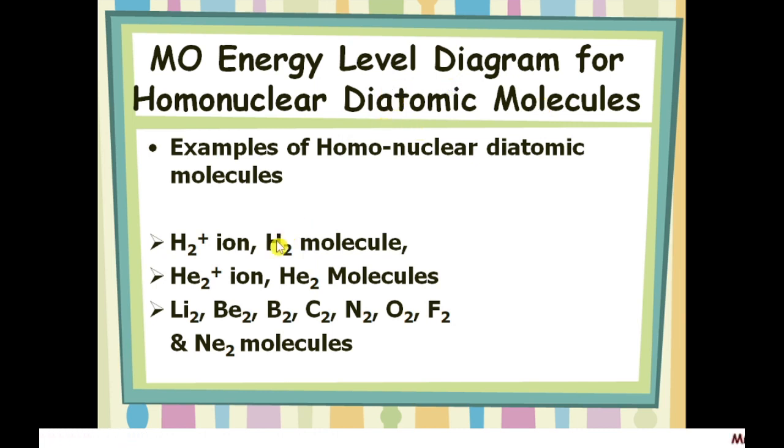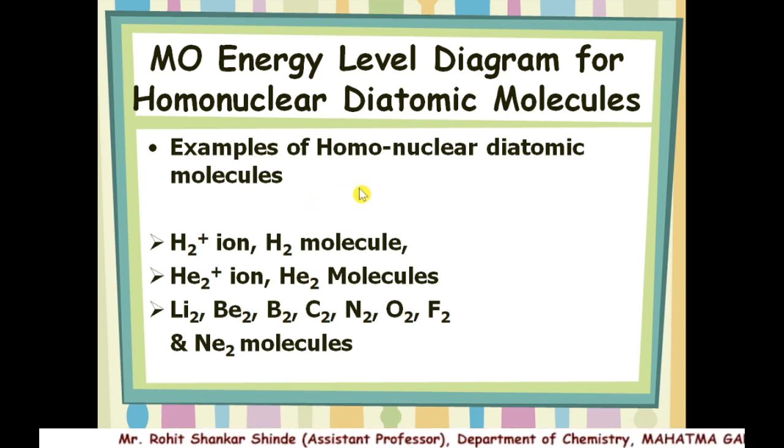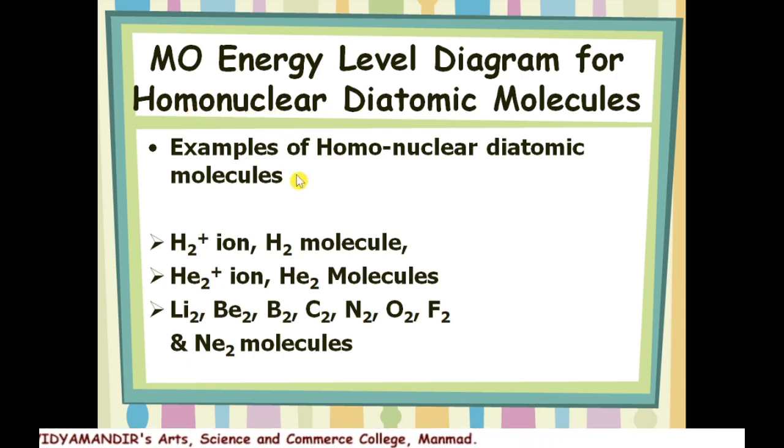For example, the H2 molecule is formed by combination of two atoms, the first hydrogen atom and the second hydrogen atom, and these two hydrogens are similar. That's why the term used is homonuclear, that is, same nucleus. Here are a few examples of homonuclear diatomic molecules: H2 molecule, He2 molecule, C2 molecule, F2 molecule.